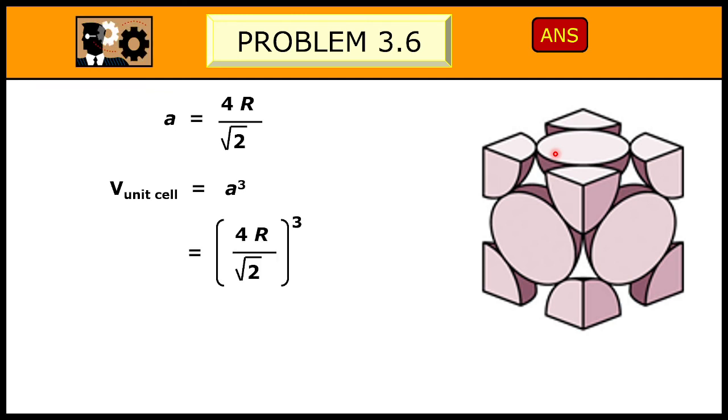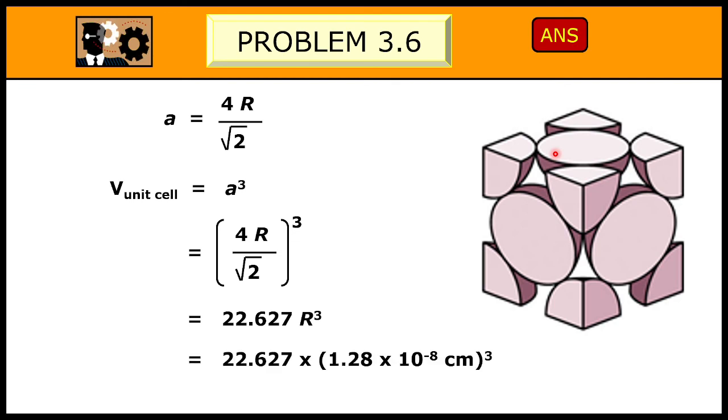So it's equal to 22.627 R cube. You know the radius for copper is 1.28 times 10 power of -8 centimeter. So you now get the volume of the unit cell equal to 4.74 times 10 power of -23 centimeter cube. So you can now calculate the density.